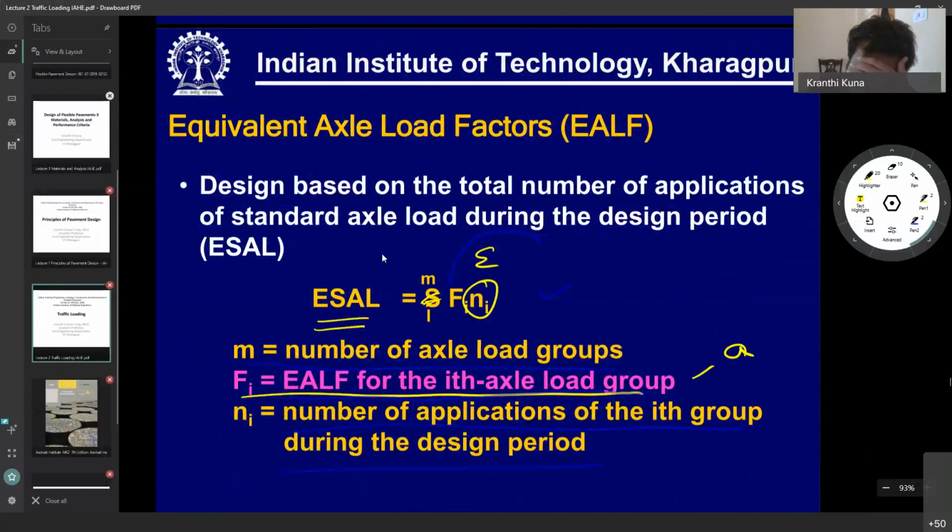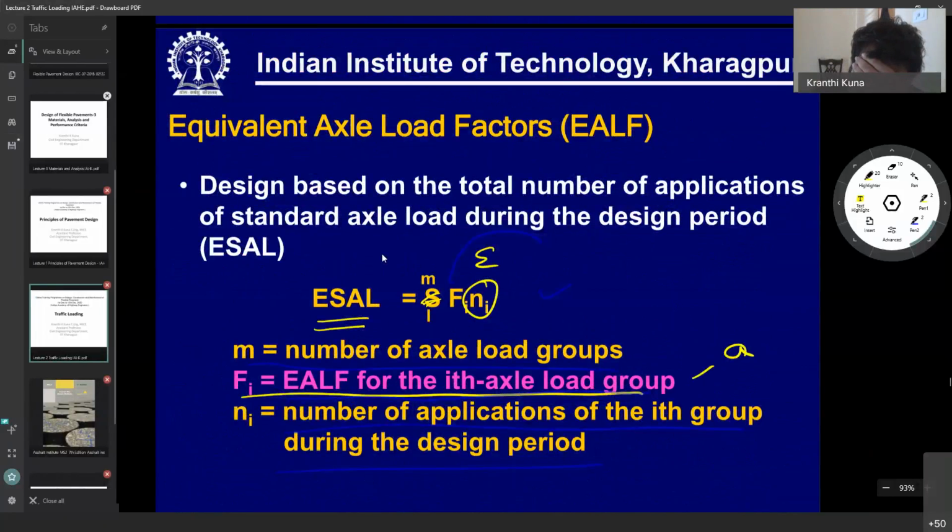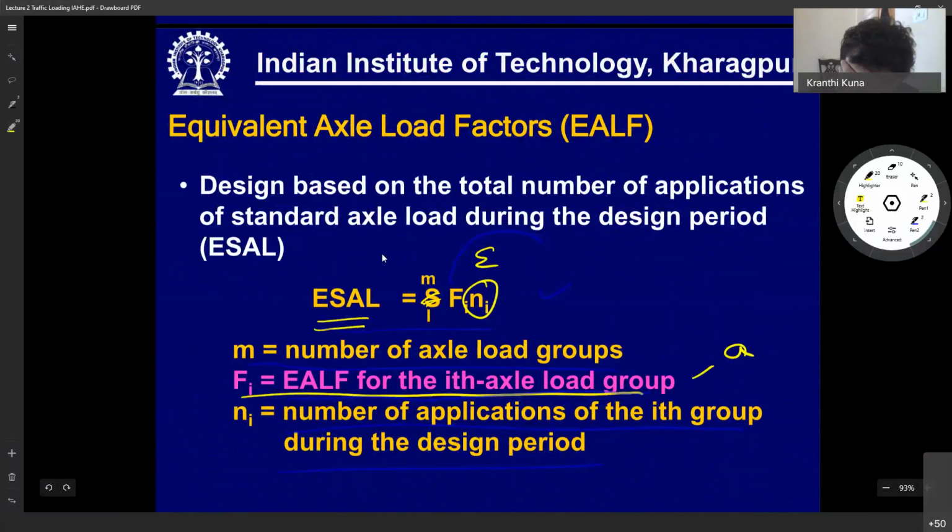So this is the equivalent axle load. Total axle loads is basically the sum over i of Fi multiplied by Ni, where Fi is the respective damage factor, the equivalent axle load factor for the ith axle load group.